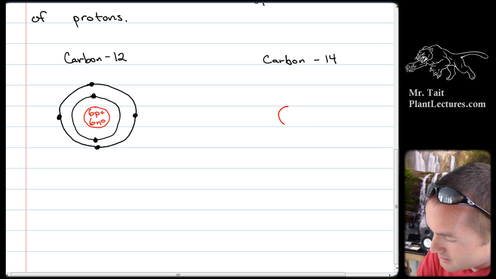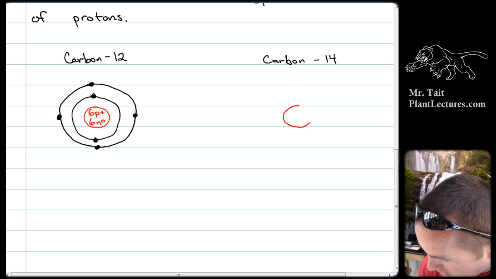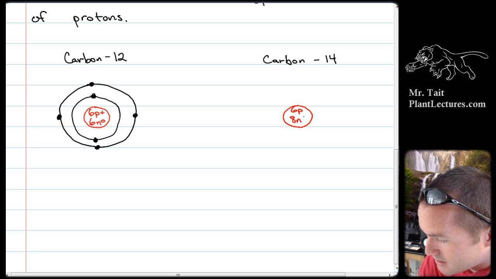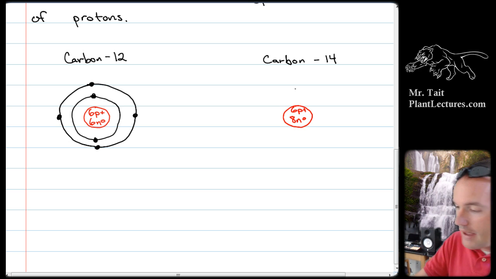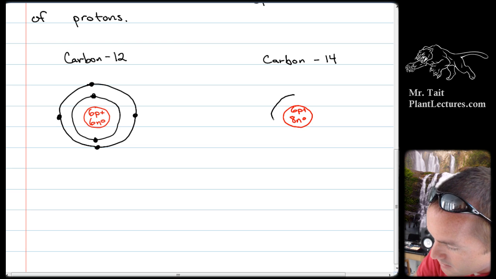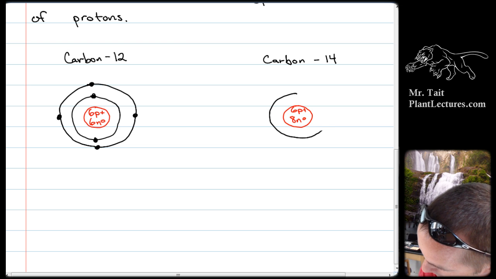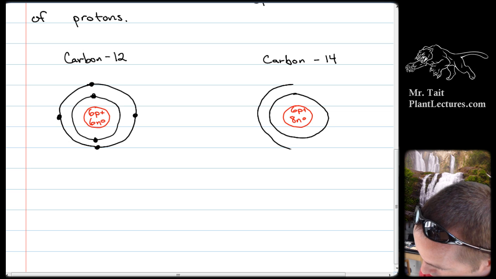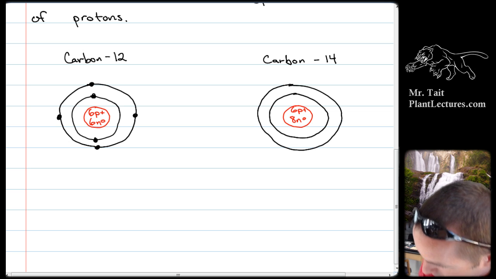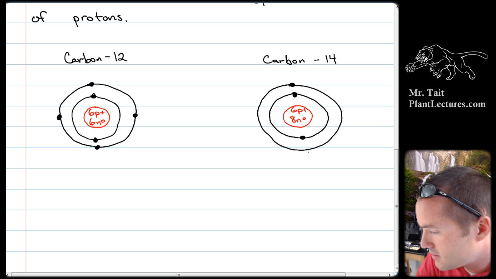So it's got a nucleus, and in that nucleus there's going to be 6 protons still because it's still got to be carbon, but now it's got 8 neutrons, p plus and 0, and then around the nucleus then got the same 2 orbitals, like that. There's 2 electrons in the first orbital, and then 4 electrons in the next one.